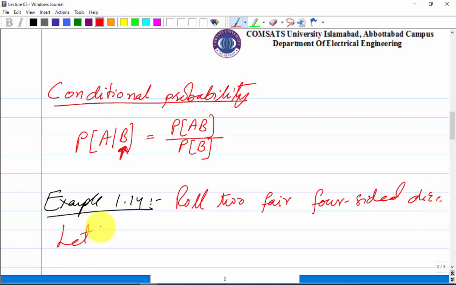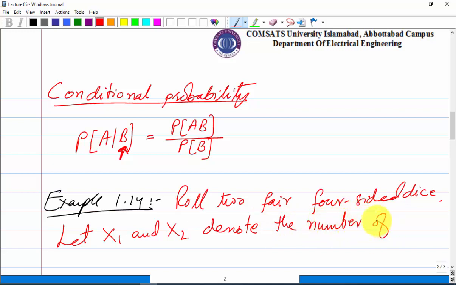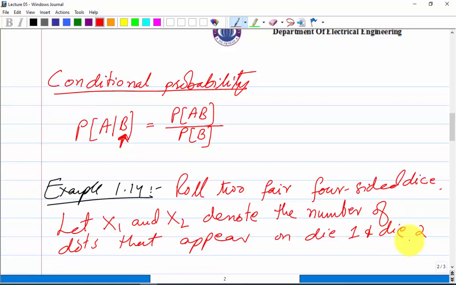Let x1 and x2 denote the number of dots that appear on die 1 and die 2 respectively.